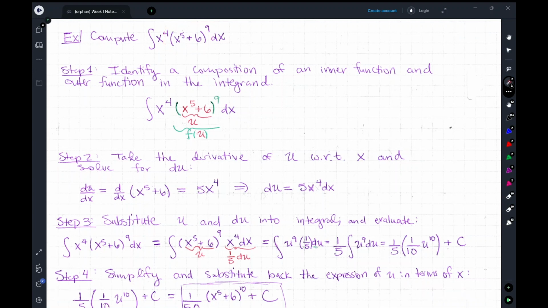Well, you could take a look at that and say, this looks kind of like a composition. I have an inside function, x to the 5th plus 6, and an outside function, x to the 9th.